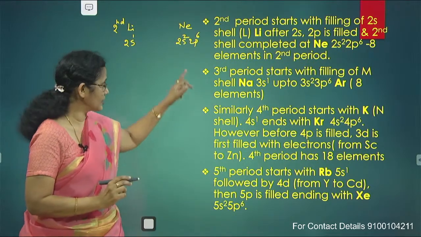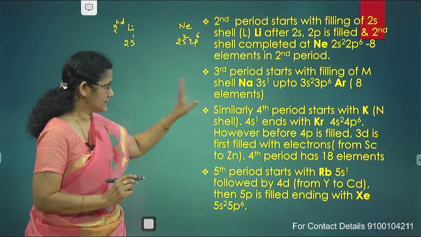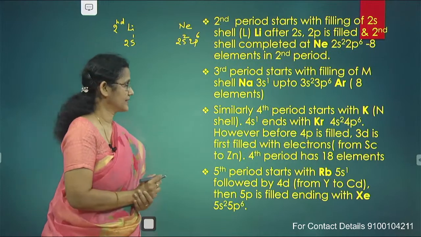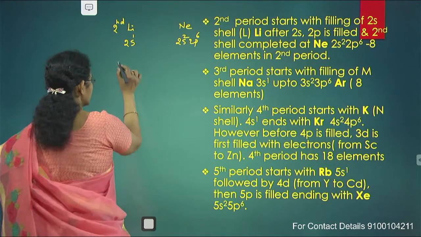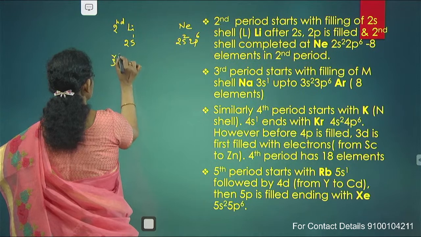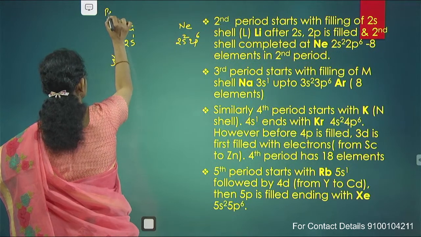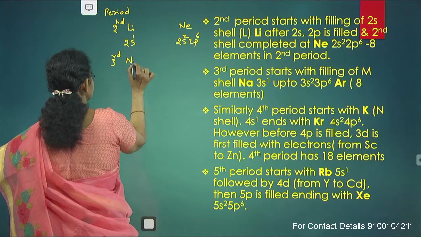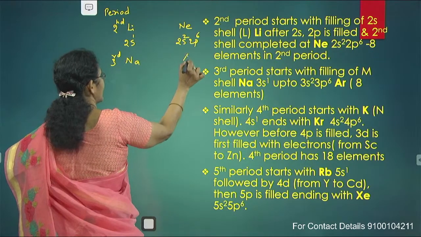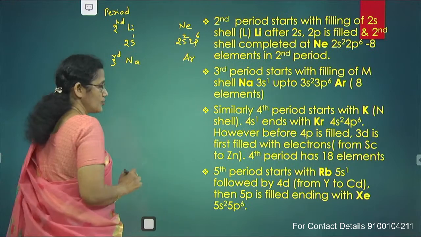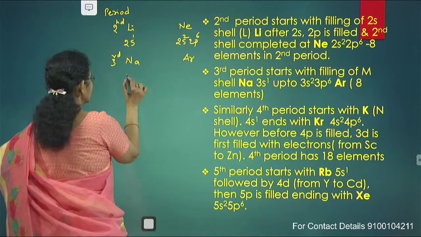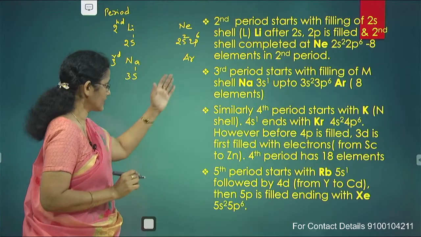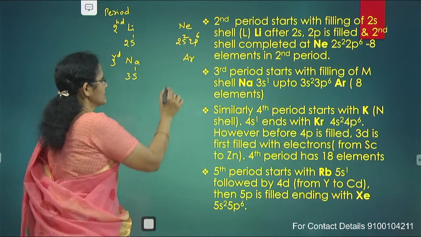That is the filling order, right. So, next the third period, K, L, M shell, it starts with sodium, ends with argon. Sodium starts with 3s1, argon 3s2, 3p6.